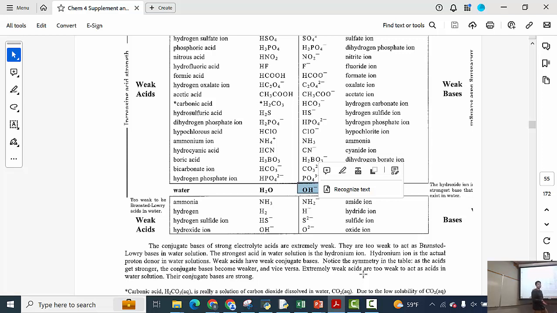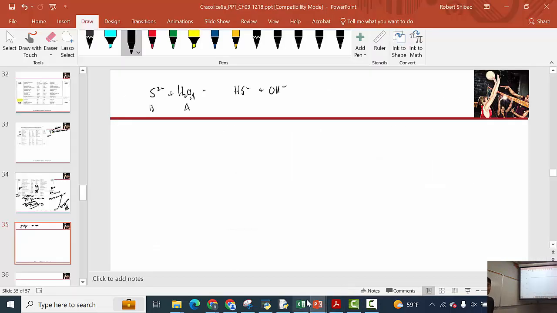Well, everybody can make it downhill. If everybody can make it downhill, then it's going to be complete or 100%. And we expect this to completely hydrolyze. And so this is why we say that sulfide is too strong to exist in water. It's too strong to exist in water because it's going to react with all the waters here, as many as it needs to form these.